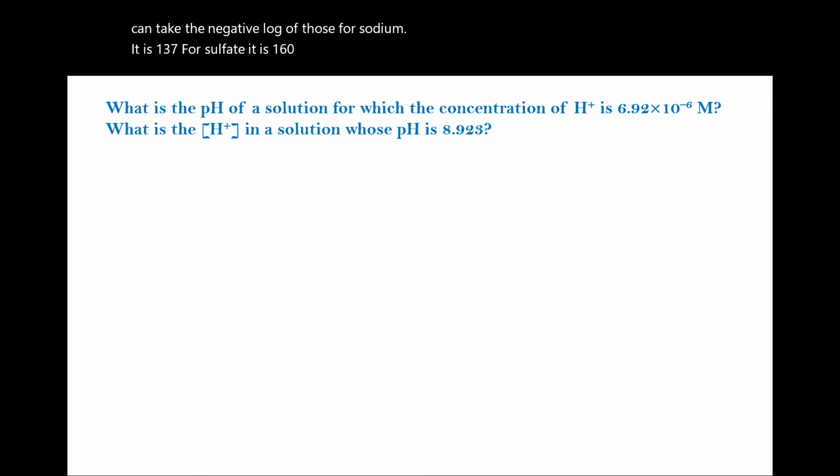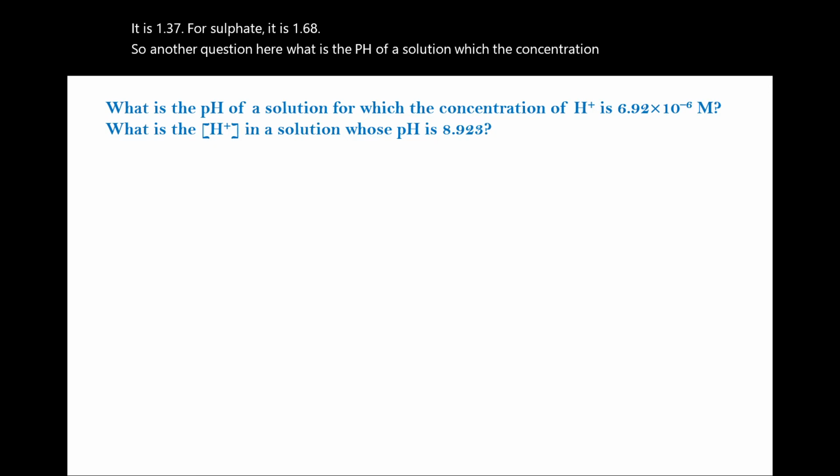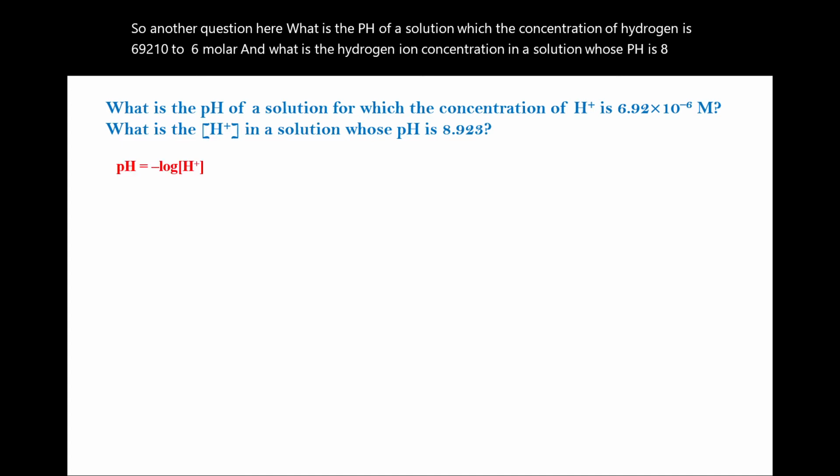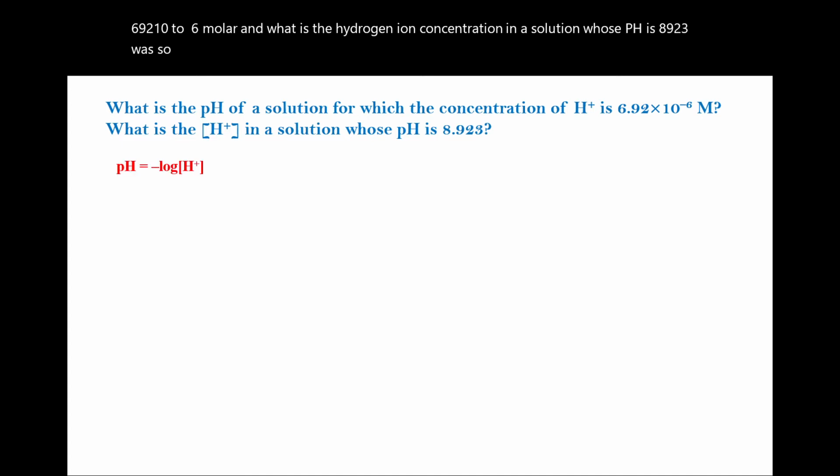Another question here: what is the pH of a solution for which the concentration of hydrogen is 6.92 times 10 to the negative 6 molar? And what is the hydrogen ion concentration in a solution whose pH is 8.923? So we solve similar questions again here. It is a P function.